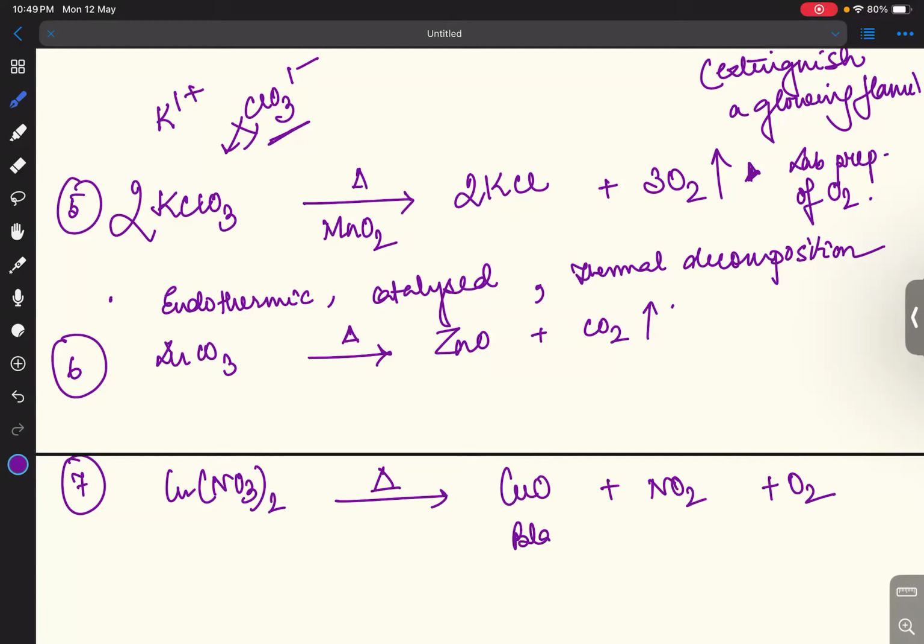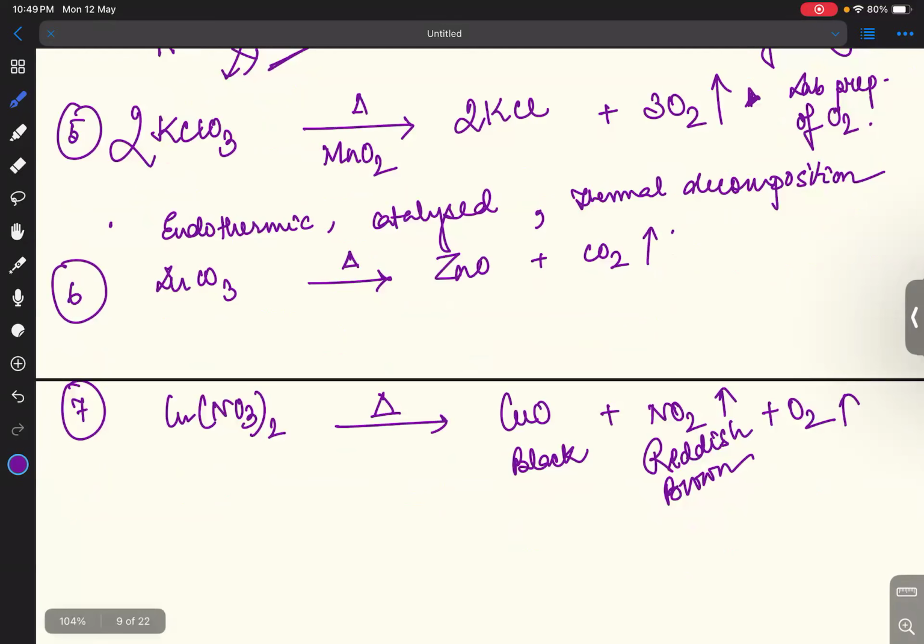Remember, copper oxide is black in color, and nitrogen dioxide is reddish brown in color. And the last one, oxygen, is colorless, although it can rekindle a glowing splinter. So copper nitrate will give you copper oxide plus nitrogen dioxide plus oxygen.